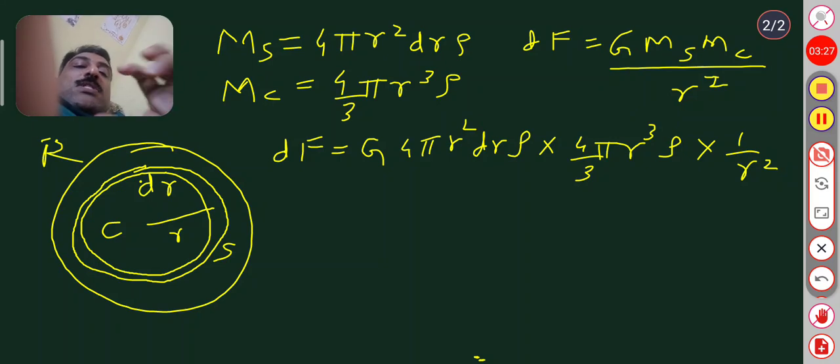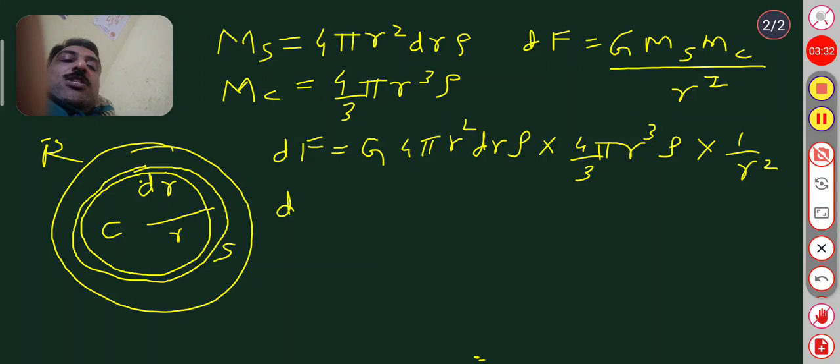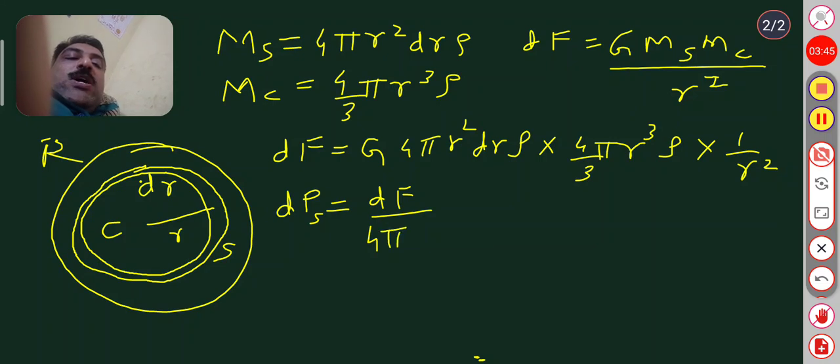Now the force per unit area is called the pressure, isn't it? So the small pressure acting on the shell is equal to the force dF divided by area, and the area is 4 pi r square.